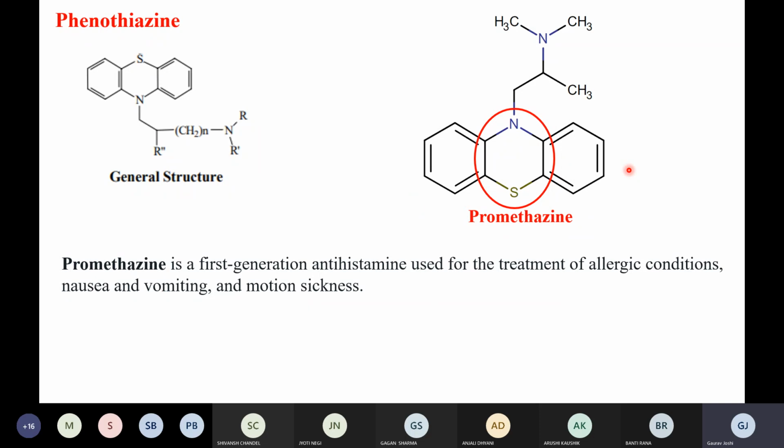So now one thing will be there, if you agree with me. For example, as the compound becomes more nonpolar or more planar, see, earlier there was flexibility, right? The molecules were flexible before this phenothiazine category. So the molecule was not crossing the blood-brain barrier, right? That was the first thing. It was not crossing the blood-brain barrier. But when we are rigidifying a molecule, when we are making a molecule rigid, what will happen?